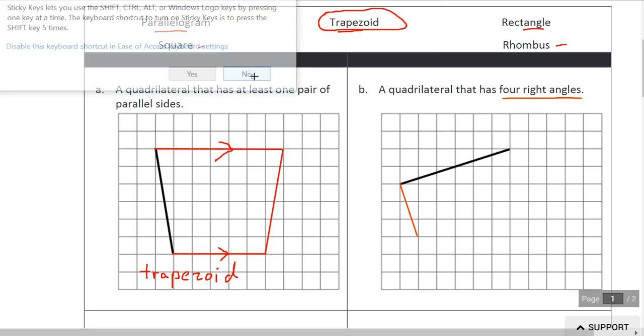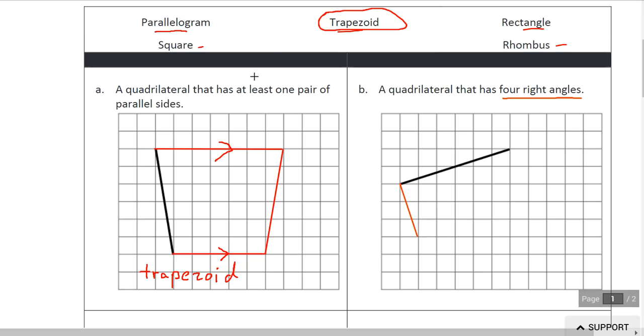Okay, and now I want to make sure that I got another right angle. They all got to be right angles. Let's try that over here. Where should I go? I think I go right to there. And then I connect these 2, and there we go.